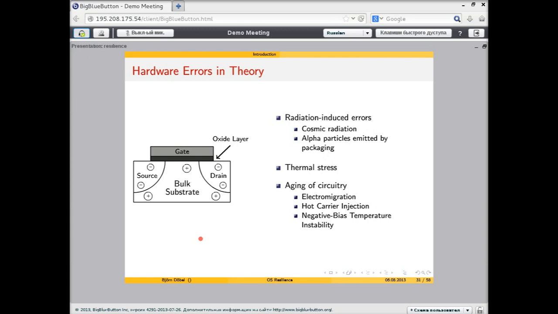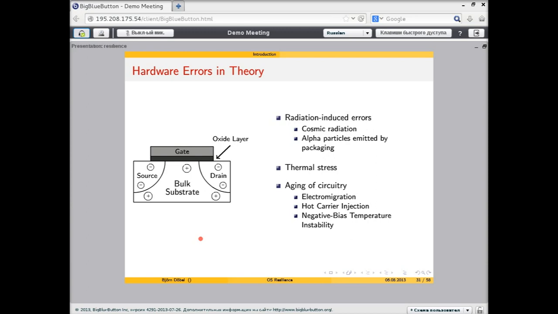And for instance, back in the 1980s, Intel had a problem where one of their chip factories was located some miles down the river from a uranium mine. And it turned out that all the packaging that was built in this factory led to the processors suffering from alpha particles that originated from this packaging. And it's just something that you need to control. In this case, Intel just closed the factory and built it somewhere else again.